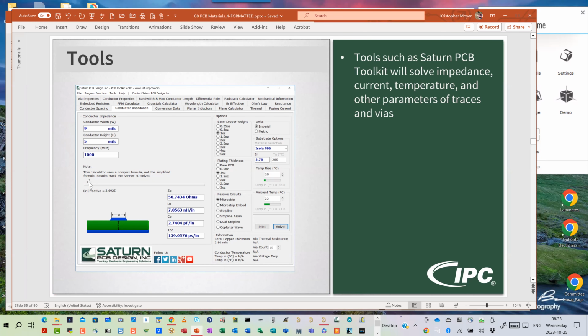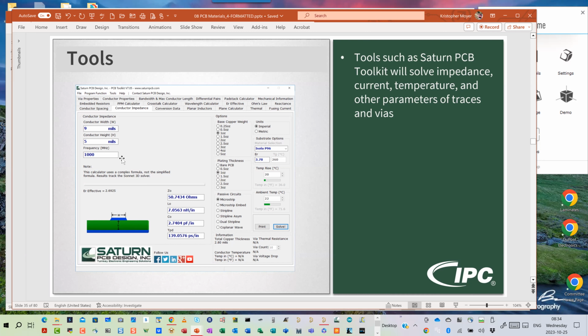One of the things they used to state in their software version 7, they have since taken the statement out, but I have not seen any statements from them saying they're now using a full solver here. But what they used to state right here is that their calculator for characteristic impedance is their own formulas under the hood. They're not directly implementing the IPC formulas, but they do not have a true 3D field solver engine.